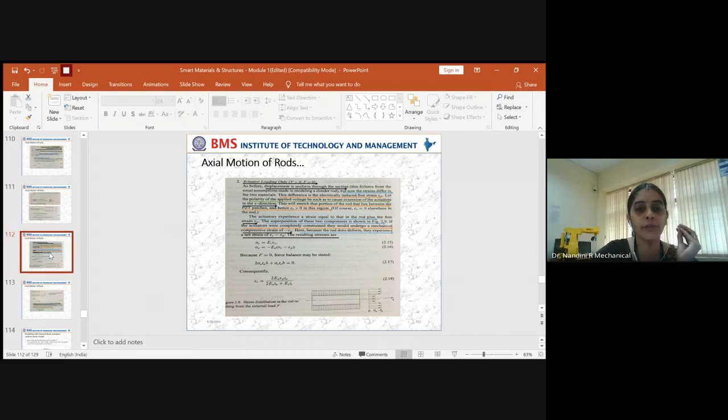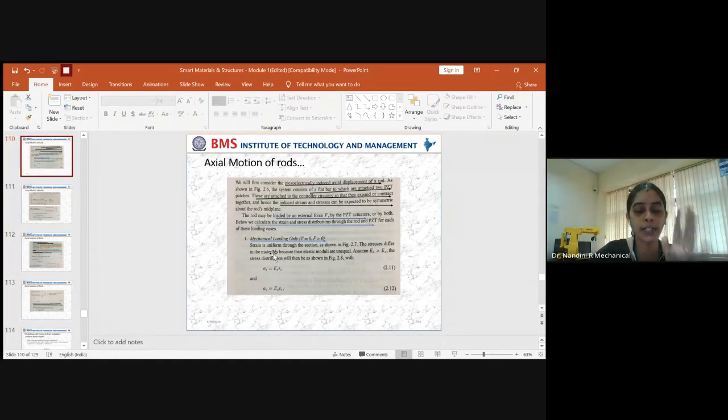First we will focus on the mechanical loading, then the actuator loading, because in the actuator you first apply the voltage and then get the deformation, or else you apply the mechanical loading and get the voltage. One is the direct effect and the other is the indirect effect. So first we consider only mechanical loading, meaning you apply the mechanical load and get the required voltage. This is with respect to the axial motion of the rods.